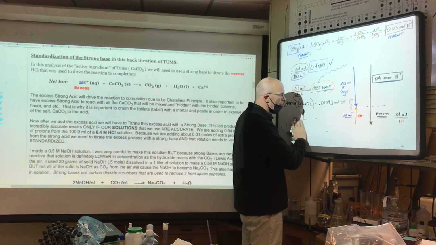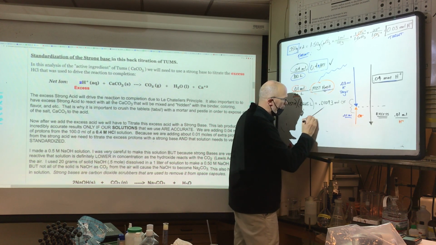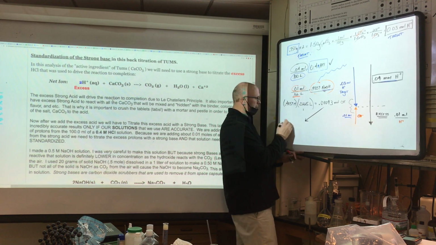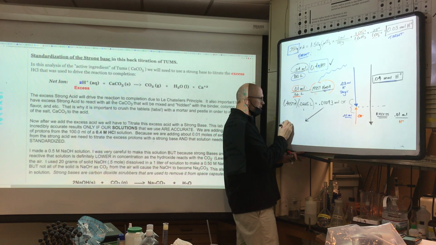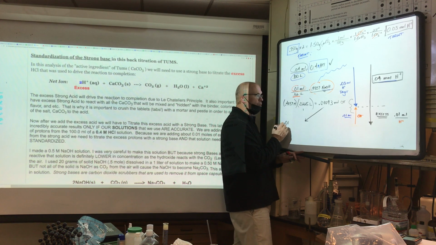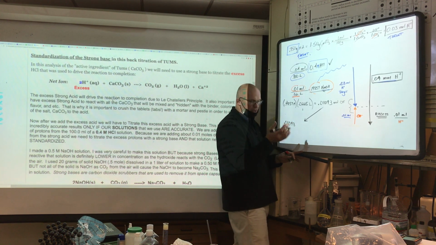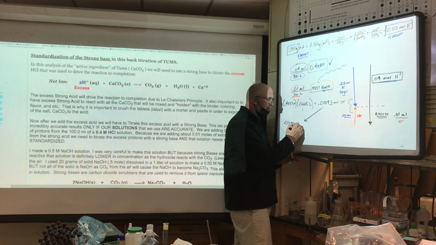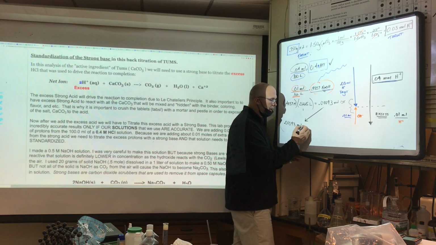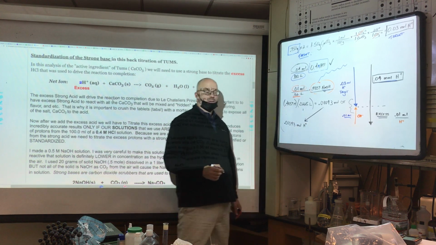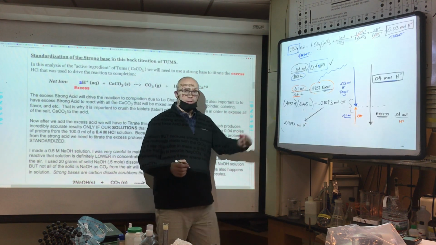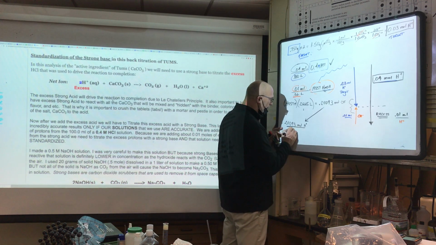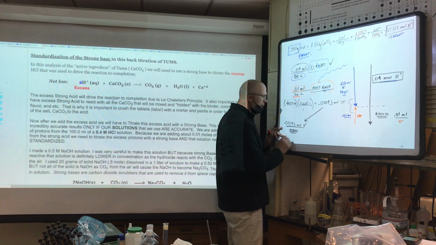Well, party people, that is the moles of H pluses, because one hydroxide will neutralize one of those H pluses. Really, it's a hydronium ion that's sitting in the solution as excess. Party people, you just solved your excess amount.